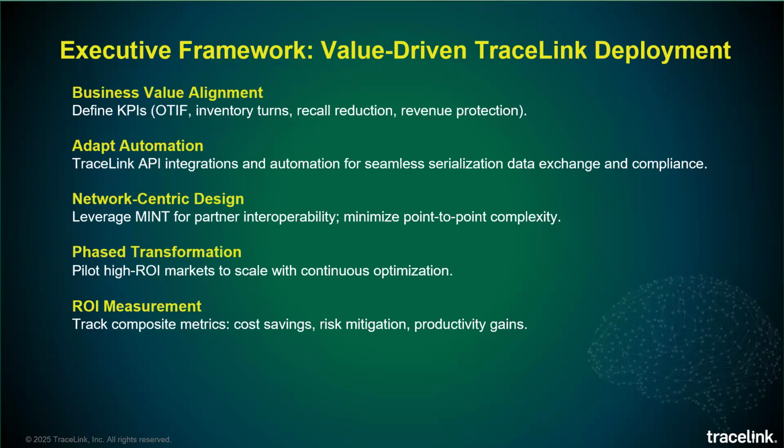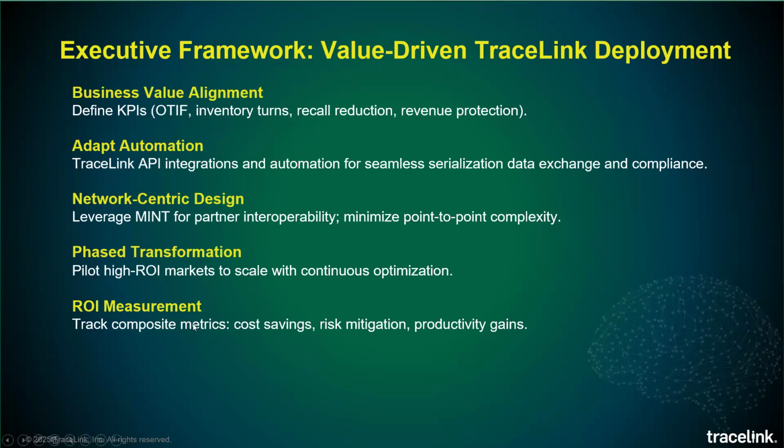You need to learn from earlier deployments and refine your configurations, improve partner communications and onboarding, and optimize your current daily manual operations as well. This is how you can gradually scale to additional markets while continuously monitoring the KPIs and enhancing your efficiency across your current serialization ecosystem.